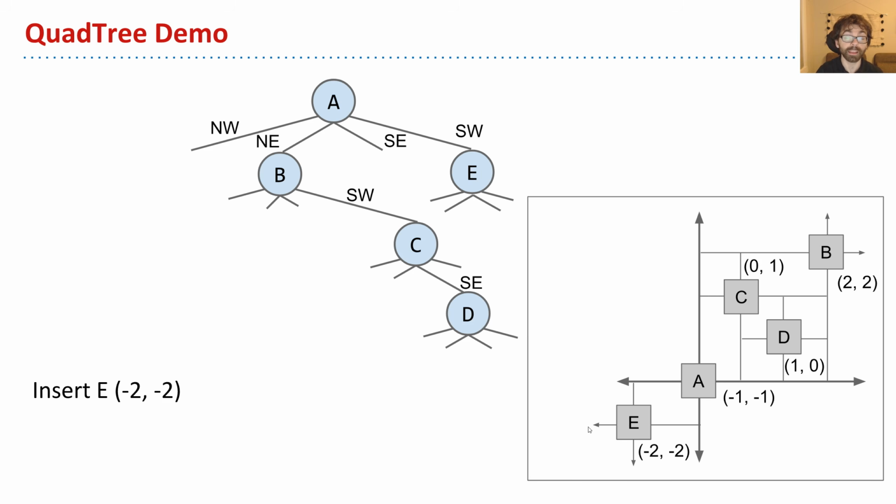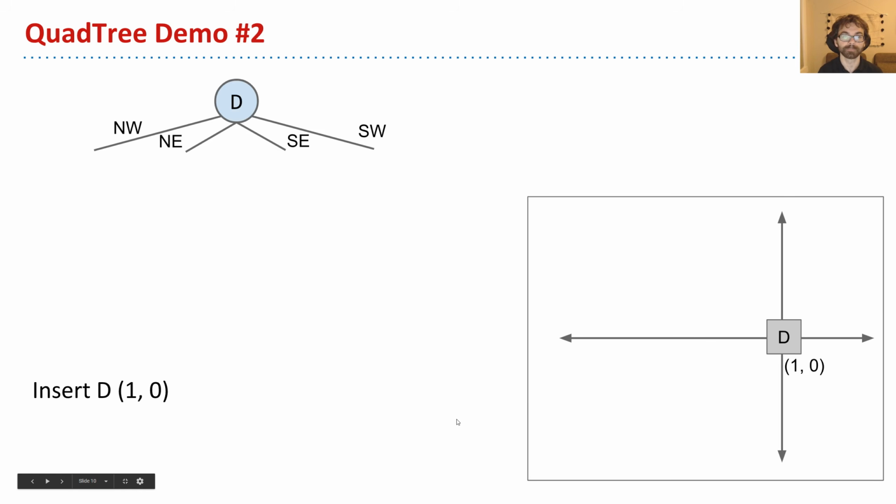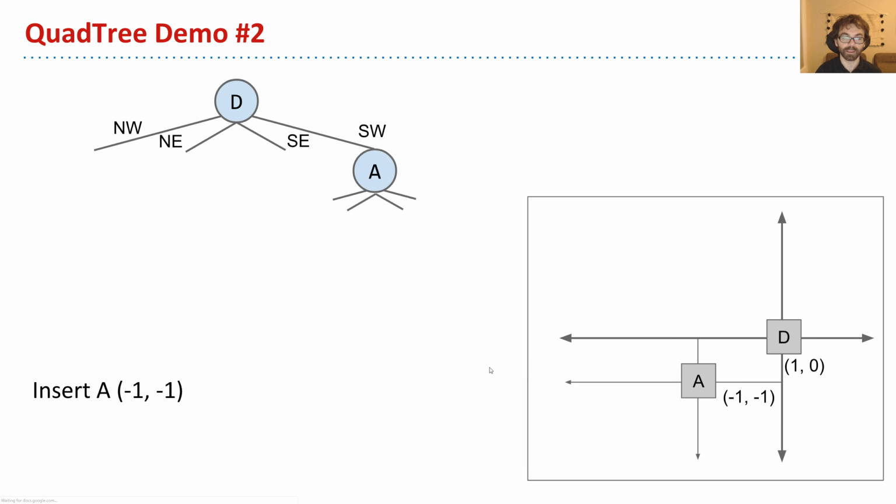However, before we do that, I want to point out that just like a binary search tree, the order in which you insert items will affect the shape or the topology of the quad tree. So if instead I insert D first, it's the root, and then I insert A at -1, -1, well, A is off to the southwest of D. If we then insert B, which is to the northeast of D, then it will end up here.